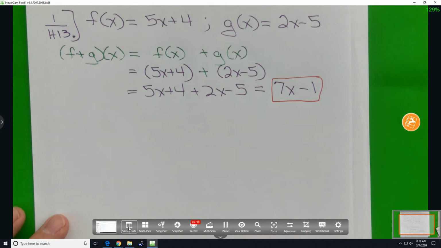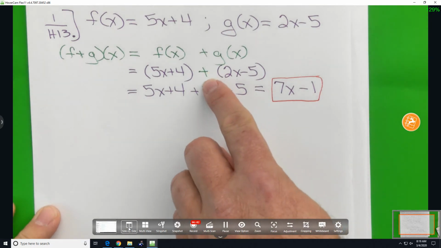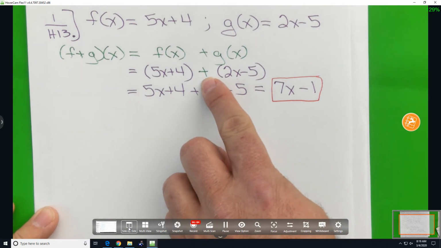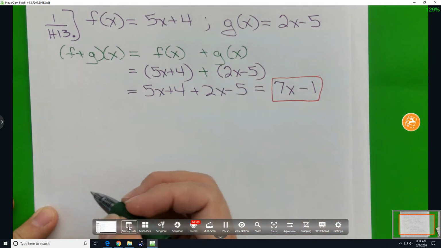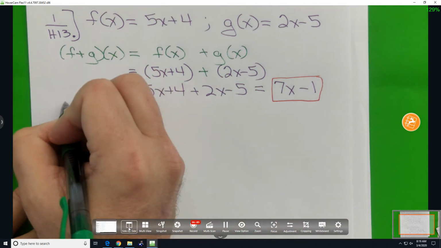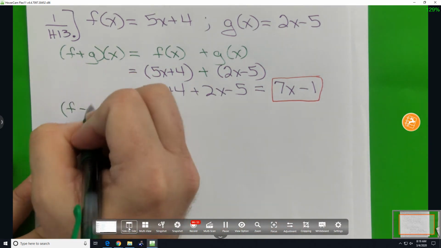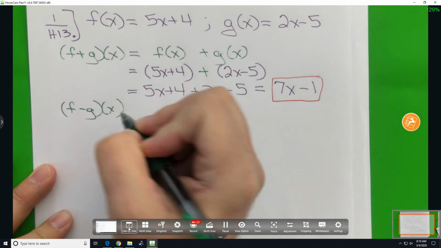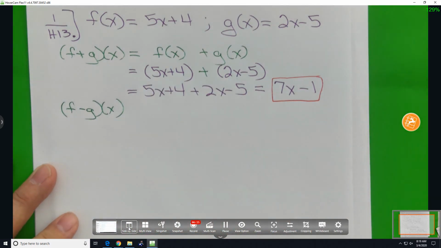Ask yourself, what would you do differently if that green plus had been a green minus? If you know that, then you'll know how to subtract functions as well. As I said, addition, subtraction, and multiplication of functions is nothing more than algebraic addition, subtraction, multiplication, or division.